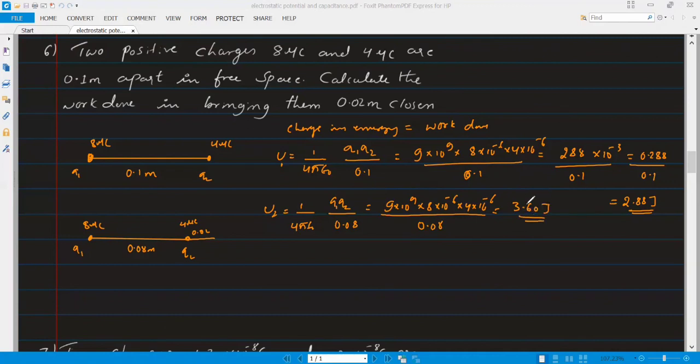Okay, now this is the final potential energy and this is the initial potential energy. According to our initial statement, change in the energy is equal to work done. That means U2 minus U1 is equal to work done.